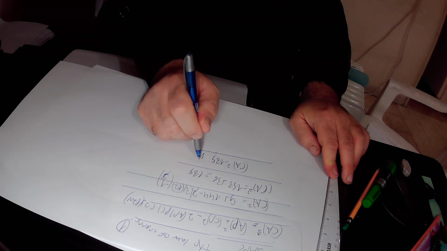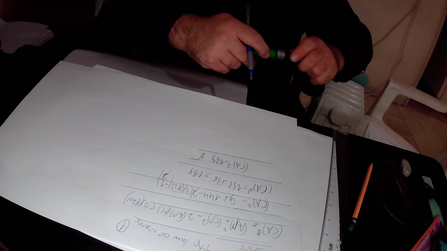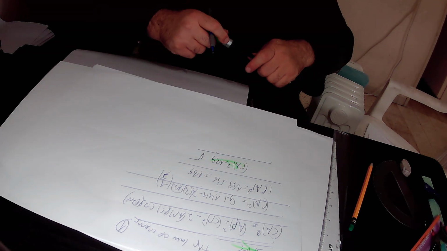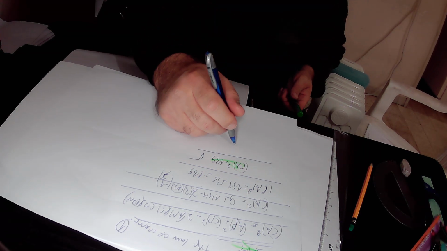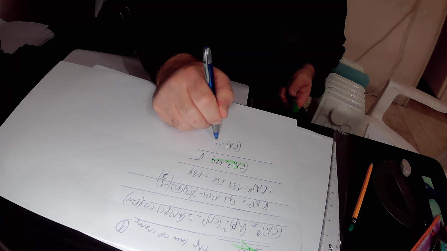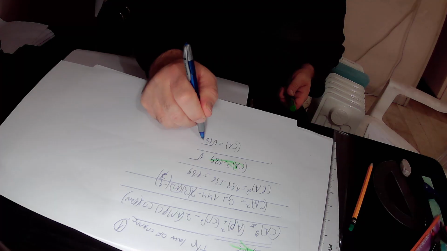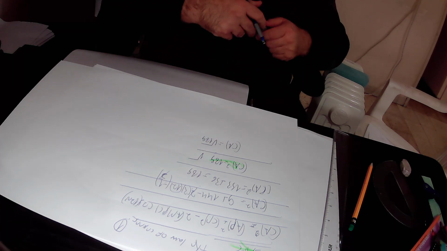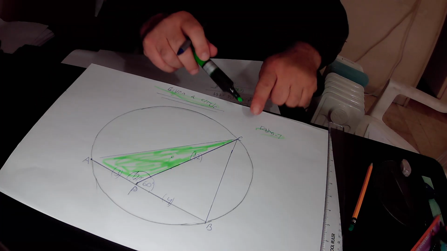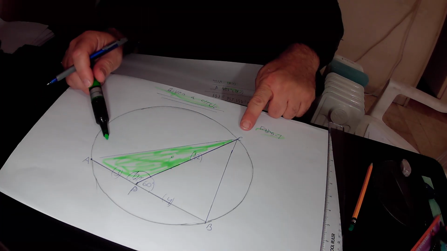Here we take the square root of this equation, and we get that CA equals the square root of 189 units.